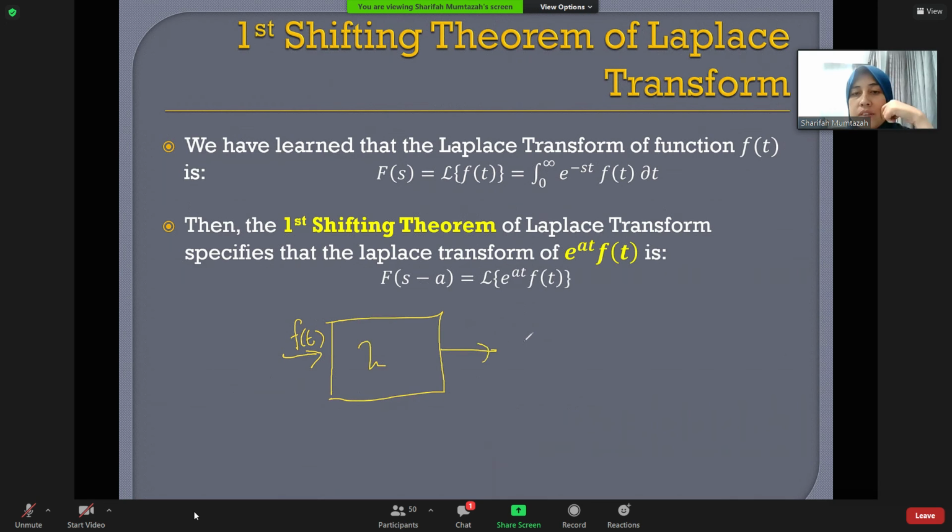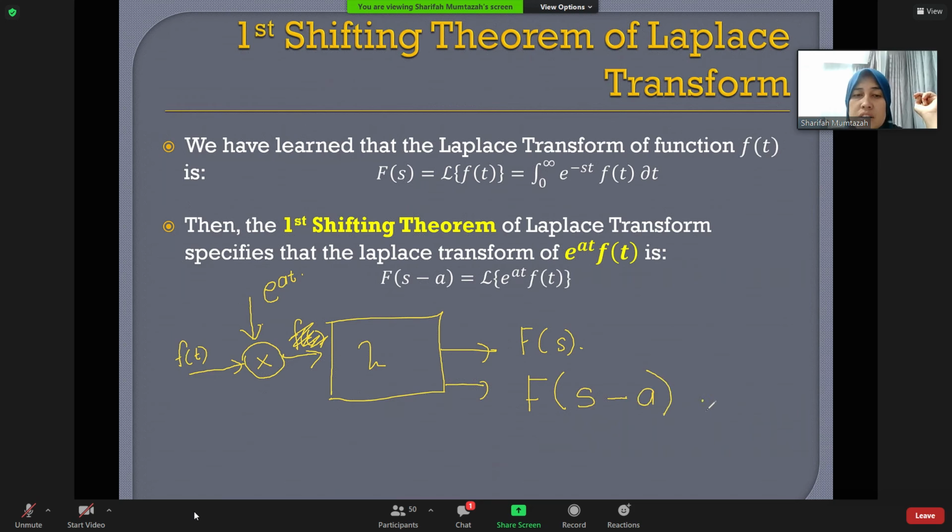Now, assuming prior to that, your f(t) is being multiplied by a function which is the exponential e to the power of at. If it's being multiplied here, all you have to do, meaning first shifting theory, is that it is being shifted in the s domain by s minus a.